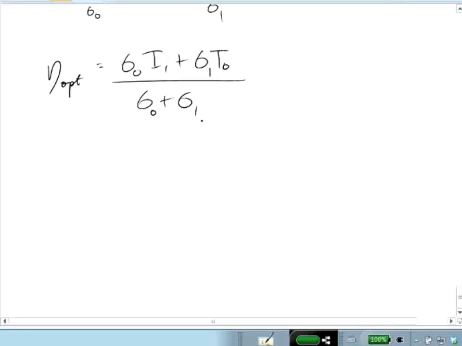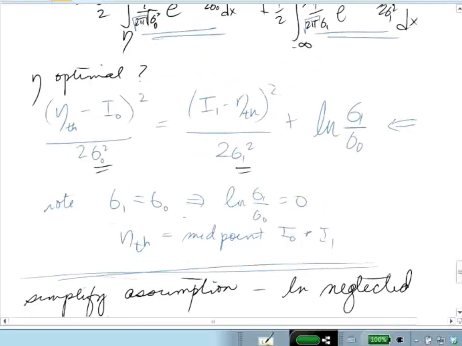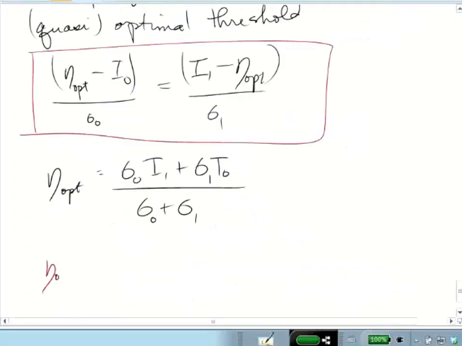And what I'd like to say is also, if we take a step back and go back to this equation, I'm going to take eta minus I0 over sigma 0, and plug in what we have found to be the optimal threshold.